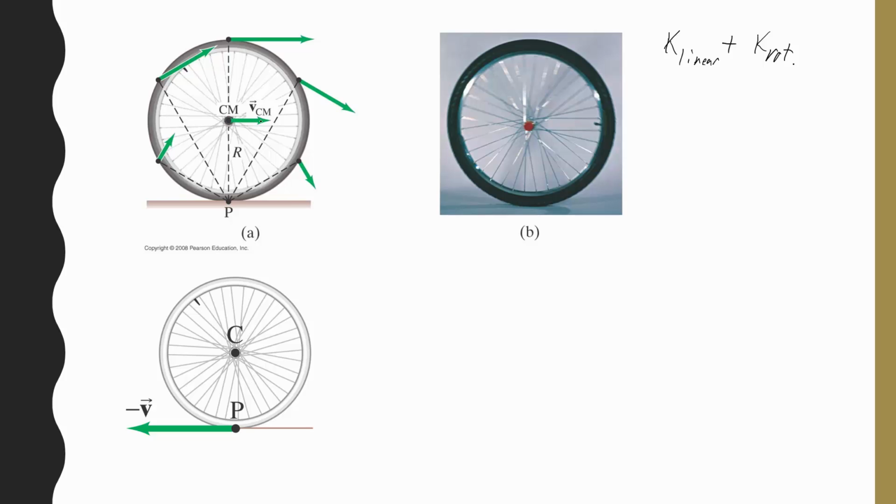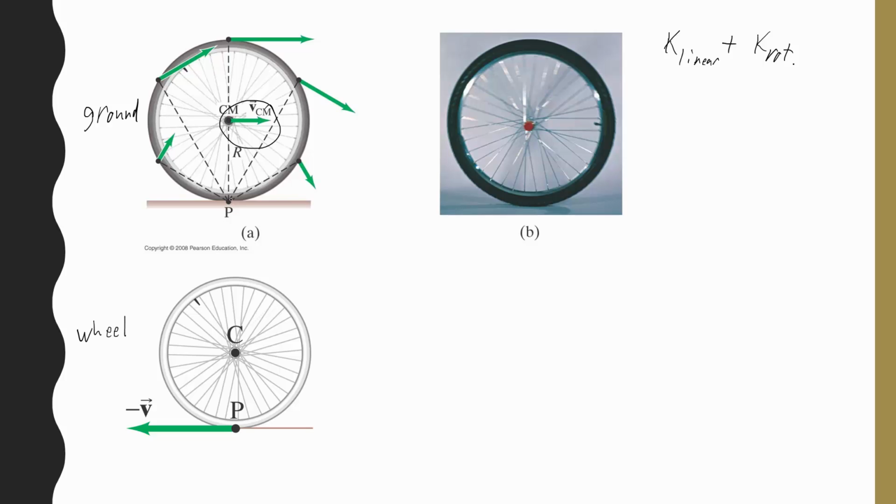But the key here is this velocity that the wheel is moving. If this has a given velocity and the bottom is stopped, we can reverse our frame of reference. So this is the frame of reference from an observer on the ground watching the wheel roll by. But if you take the frame of reference of the wheel, or somebody moving with the wheel, then the center would not be moving, and this velocity here, the velocity of the wheel as it rotates, has to equal this velocity here, because when you switch frames of reference, you always have to agree on the relative velocities.